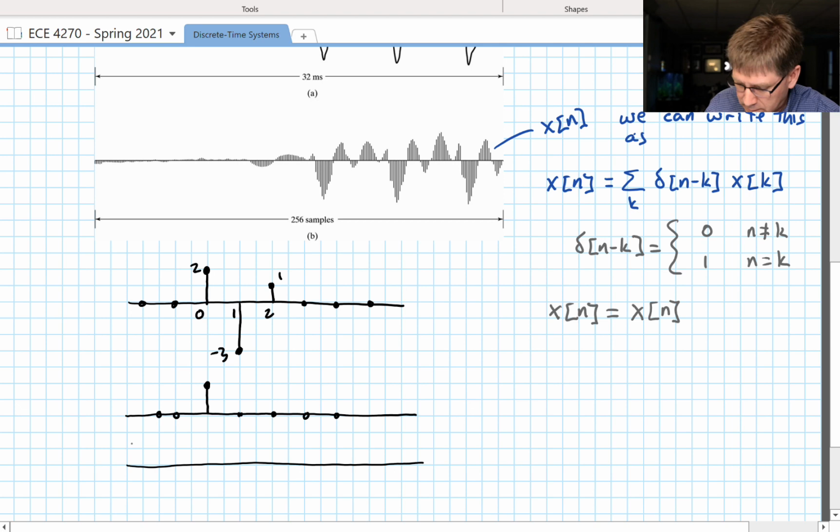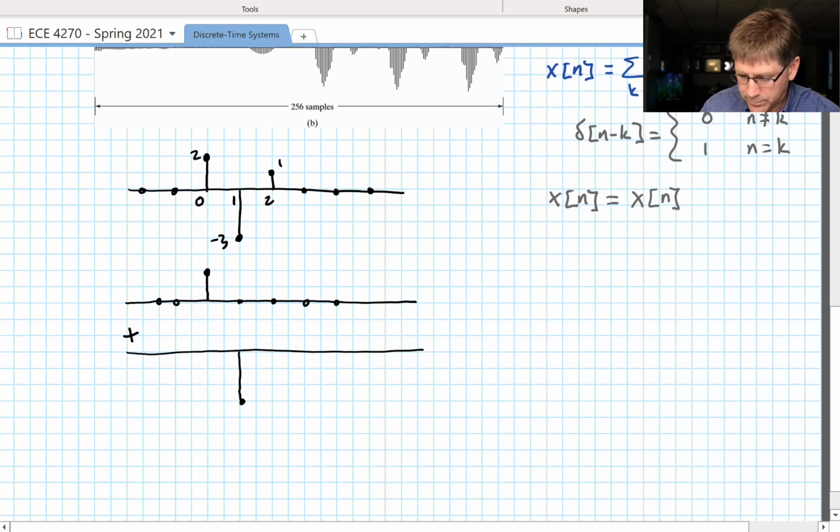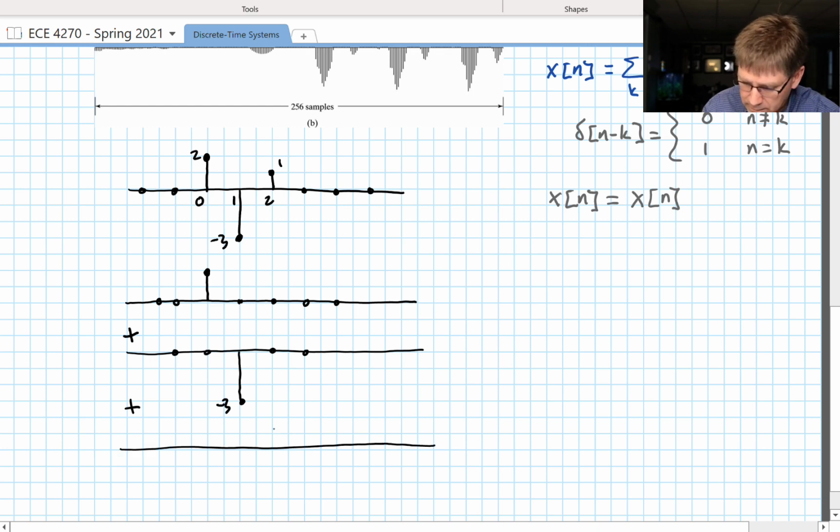And add to that minus 3, and a bunch of zeros everywhere else. And add to that our 1 in the correct spot with zeros everywhere else.